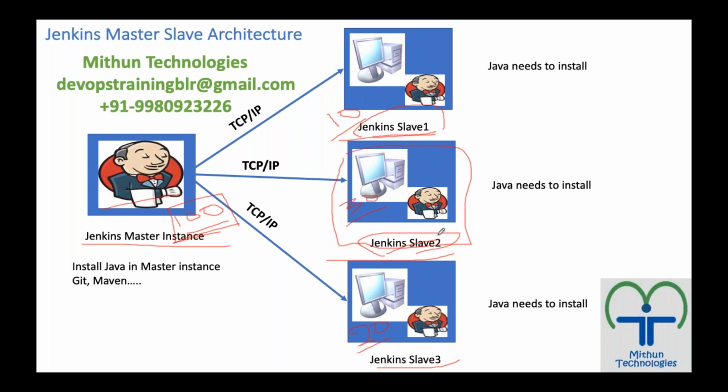We are not going to create these slaves. If you create these slaves in the same Linux server where master is running, no use, right? Because the same resources it is going to use. Yes or no? So that's why we are not going to use the same Linux server to create these slaves.